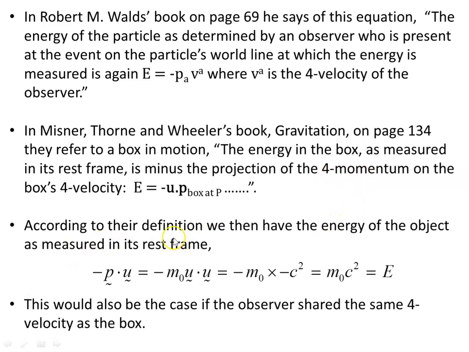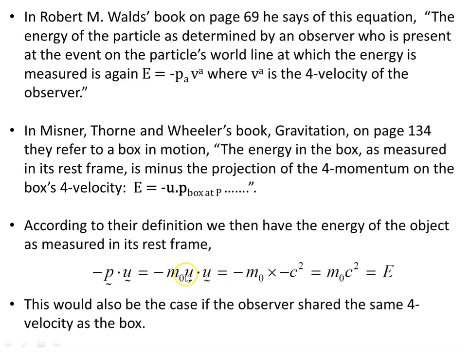Now, according to their definition, we then have the energy of the object as measured in its rest frame is minus p dot u. Notice here, this is the four-momentum of the box, minus m0u. So the spatial components here for u will not be zero. And the four-velocity of the box, again, the spatial components here will not be zero.